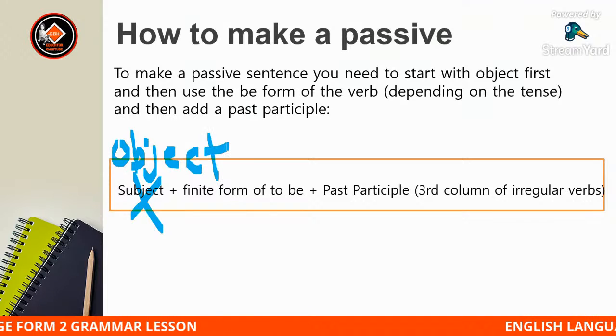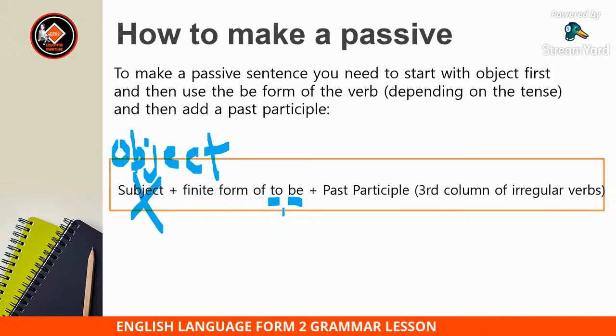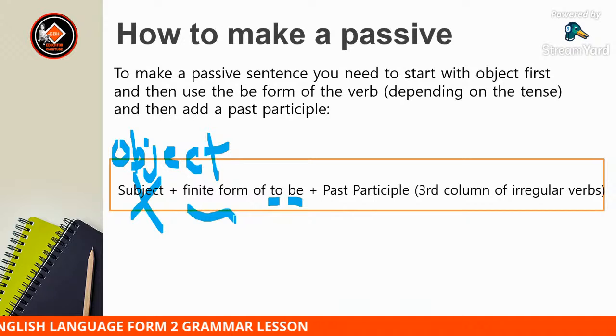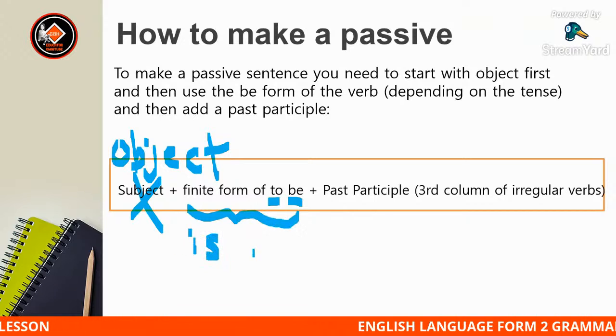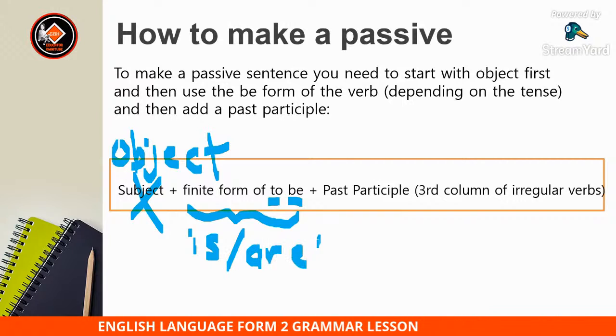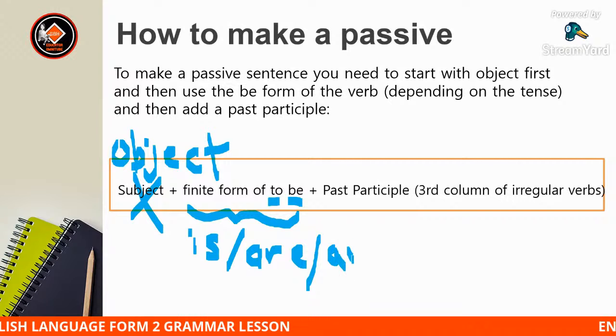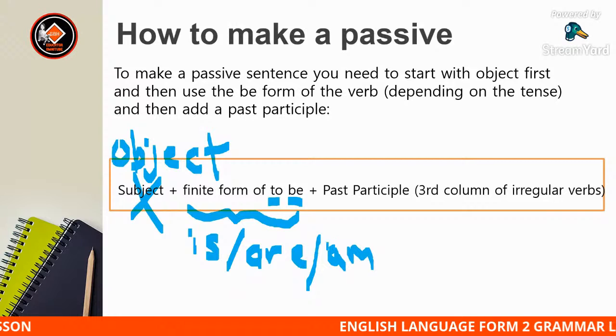Okay, you have the object. Then you have the finite form of the verb to be. What is to be? To be in the present is is, are, and am. Present has three: is, are, am.